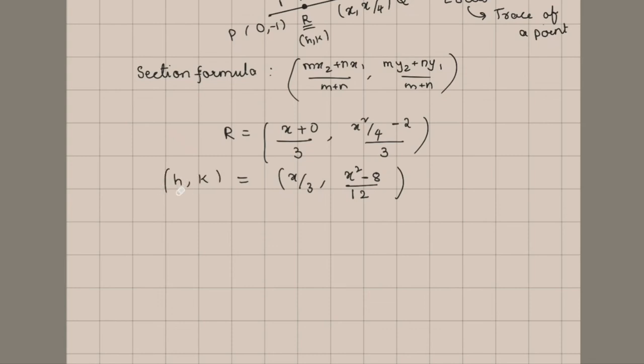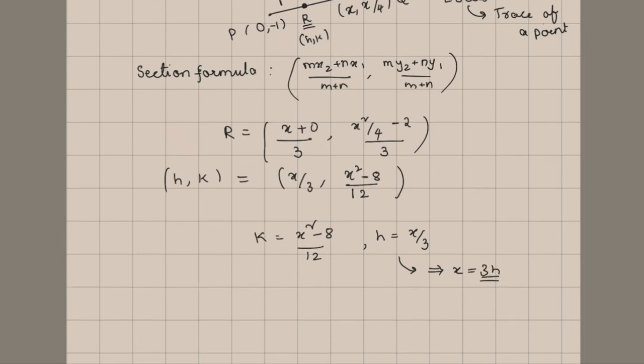We need to find this trace of this point. Let's say k equals x square minus 8 by 12 and h equals x by 3. So from this we got x equals 3h. Am I correct? Yes.